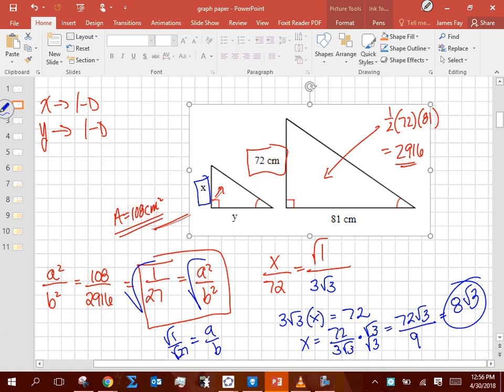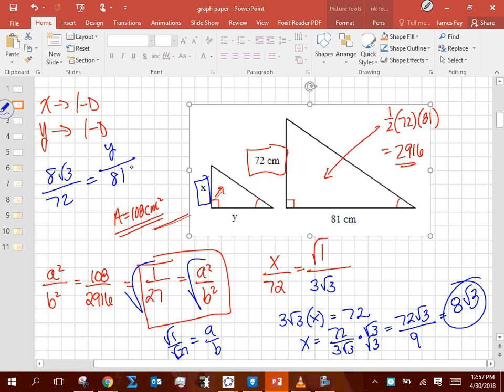You would then do a very similar thing with y, but you're going to say y over 81 is comparable to 1 over 3 radical 3. Cross multiply and solve for y. Couldn't you also do 8 radical 3 over 72 equals...? Yeah, so he's saying, could I do 8 radical 3 over 72 is equal to y over 81?